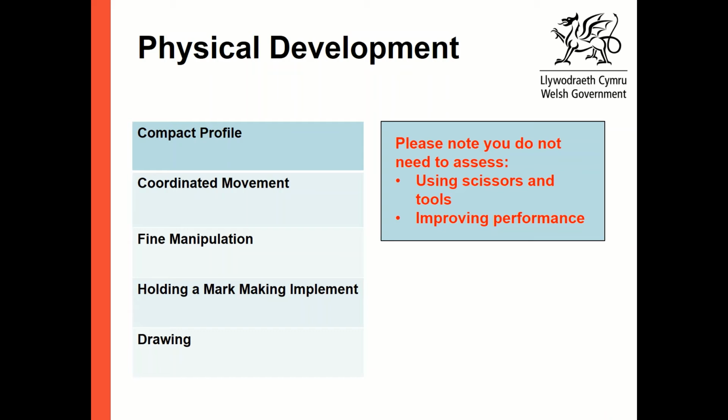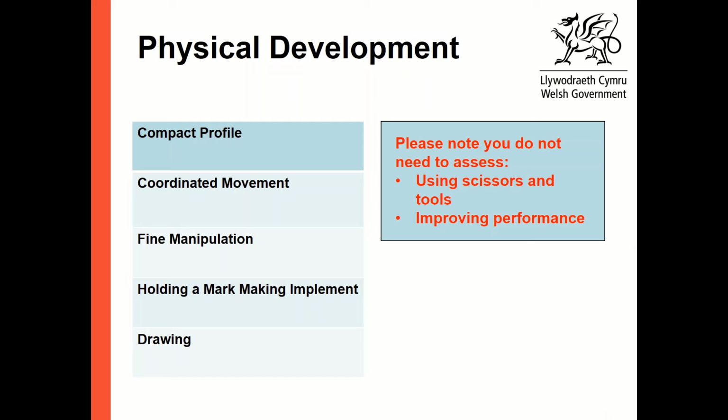Fine motor skills involved in different ladders, including grasping, for example, holding a mark-making object, manipulating, for example, fine manipulation, visual motor integration, for example, drawing, and bimanual coordination, for example, using scissors and tools.